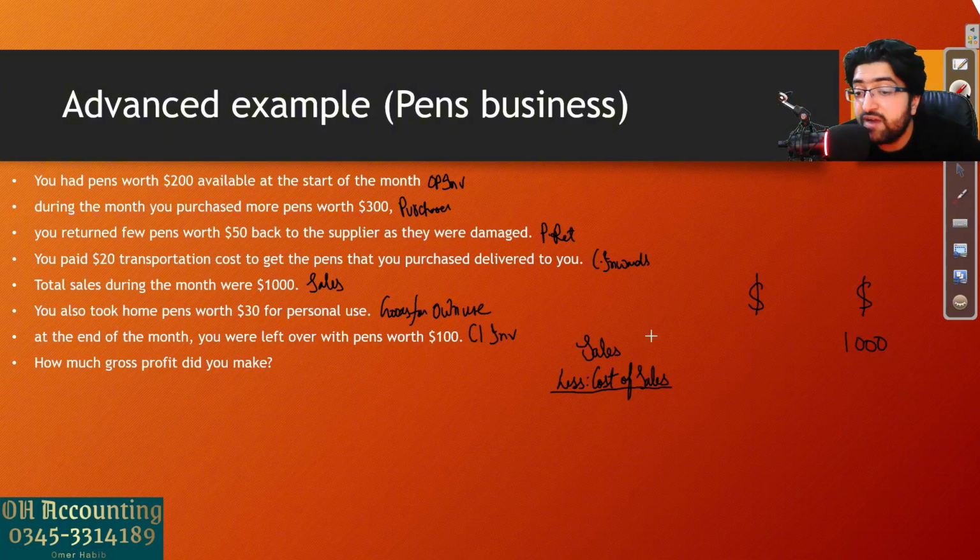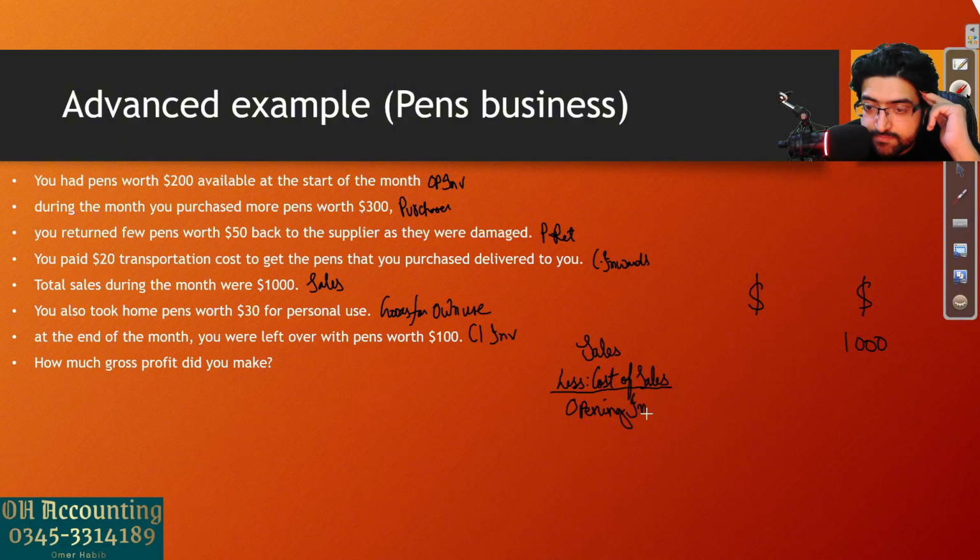In this part, we find the cost of sales. So no value will come in any of the columns. This is simply the heading. The cost of sales section starts with opening inventory. Okay, and I have marked all these things, so we know it is 200.